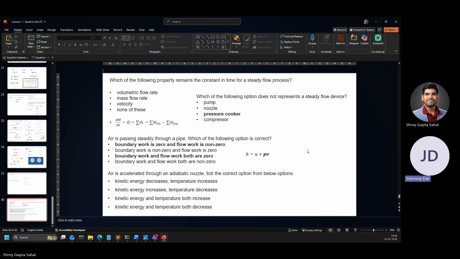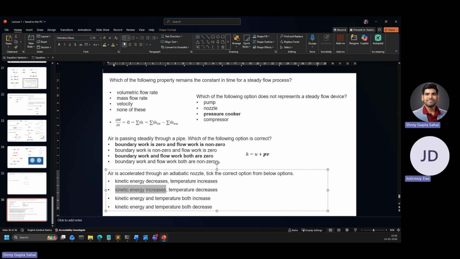Generally in the bell-shaped designs of the outlet, supersonic converging-diverging nozzles, yes. But generally in this case, we'll say kinetic energy increases. That is the definition of nozzles. But over here, the kinetic energy will increase.